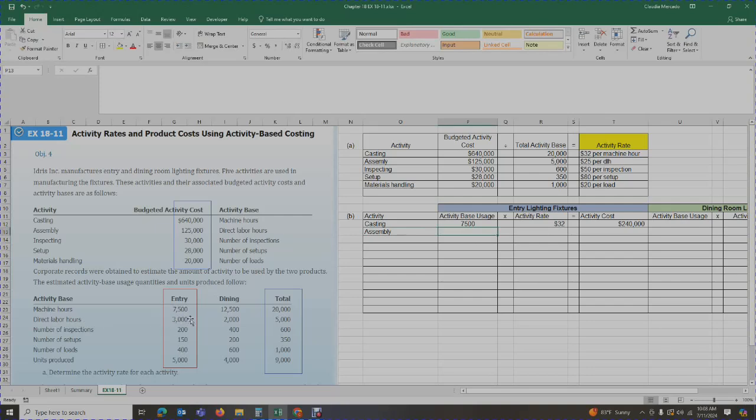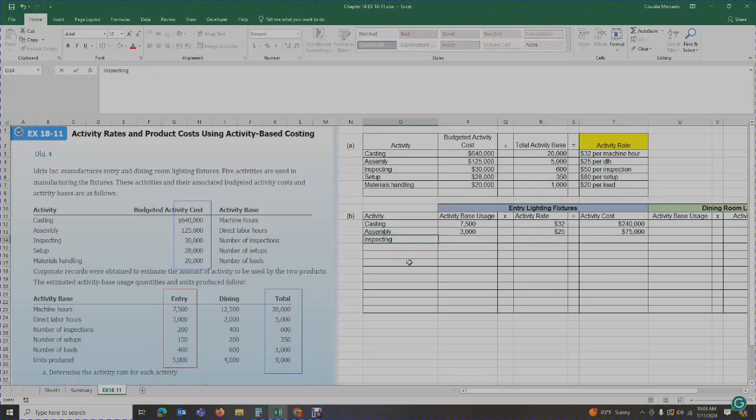We are anticipating having 3,000 direct labor hours for the entryway lighting fixtures. The assembly rate is $25 per direct labor hour, so we multiply those together, and that gives me 75,000. You multiply the 3,000 times the 25, and I'm getting these numbers from up here.